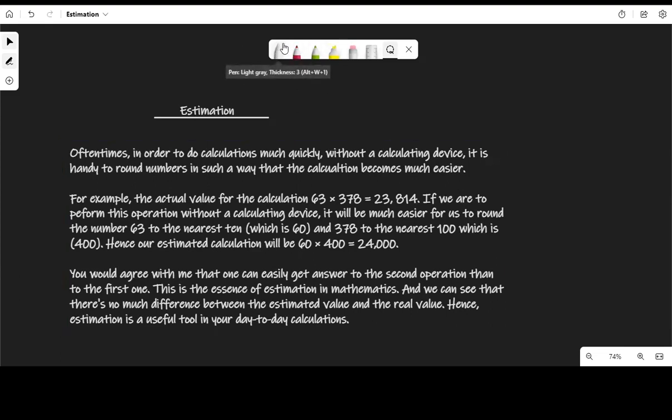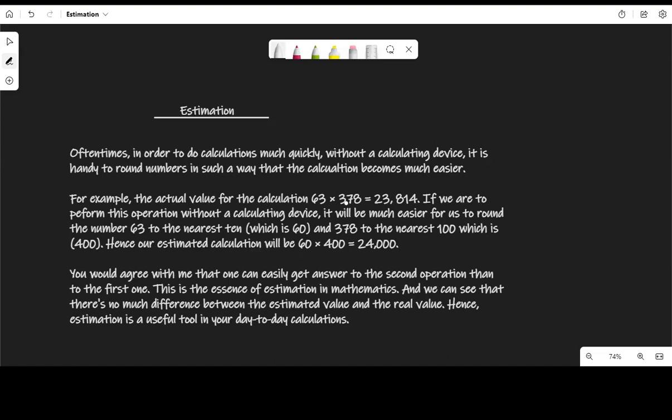For example, in order to do calculation much more quickly without a calculating device like a calculator, it is a handy practice to round numbers in such a way that the calculation becomes much easier. Now look at this number, 63 multiplied by 378.